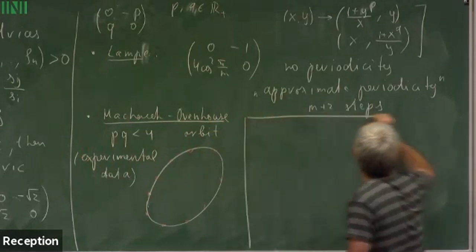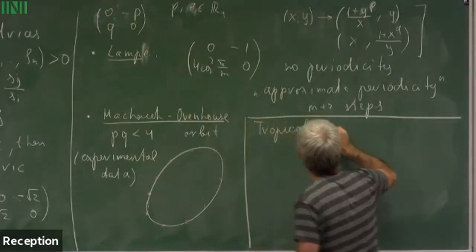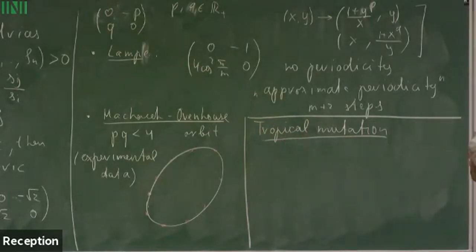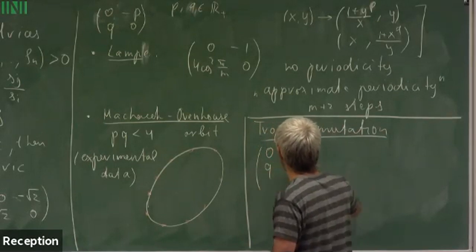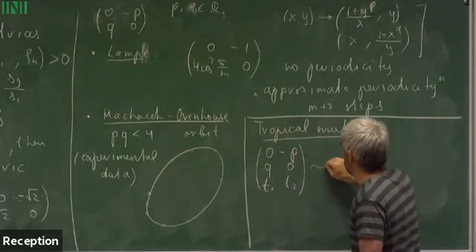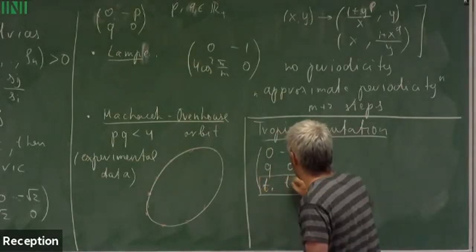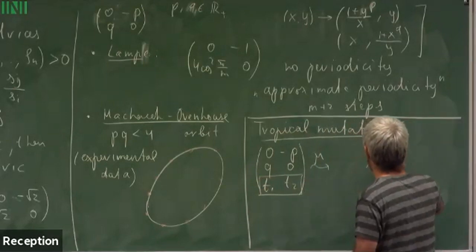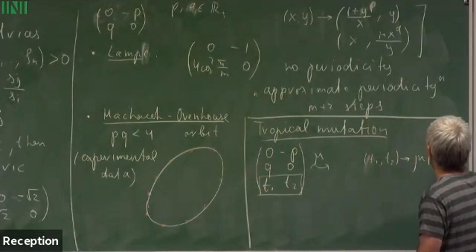However, there's a better situation in the tropical case, for tropical mutation. What I mean by tropical mutation is that you take your matrix 0, minus p, u, 0, and t1 and t2. The image of the pair t1, t2: t1, t2 goes to mu of t1, t2.